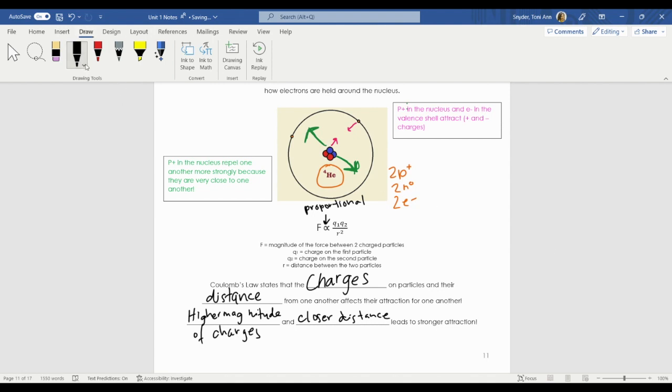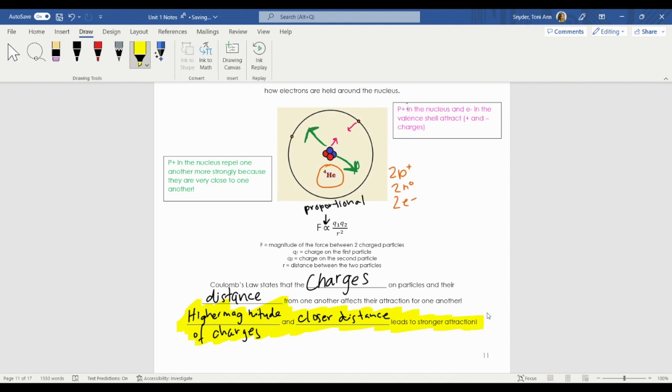So let's go ahead and I'm just going to highlight this because it's hard for me to circle on this little tiny pad I have here. This is it. This is Coulomb's law. This is huge. Higher magnitude of charges and the closer those two particles are to one another means that those particles will be more strongly attracted.